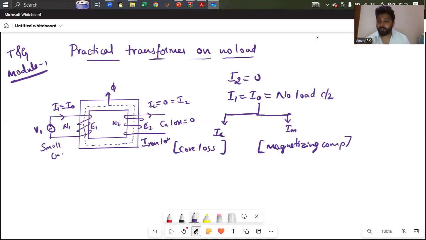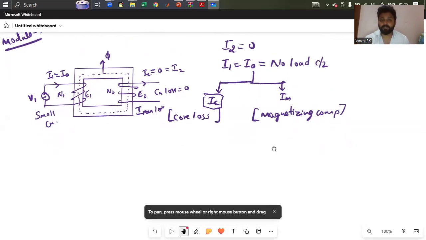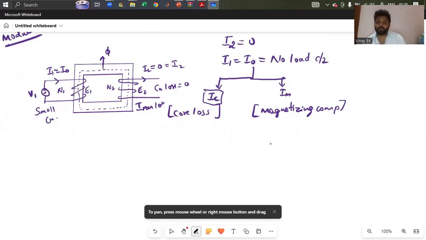To produce that iron loss, this component is responsible, that is IC, the core loss component, which is responsible to produce core loss, or iron loss, since the core is made of iron.